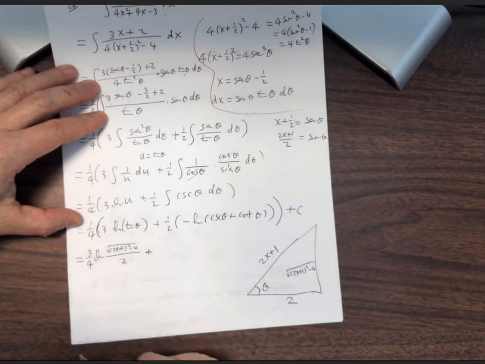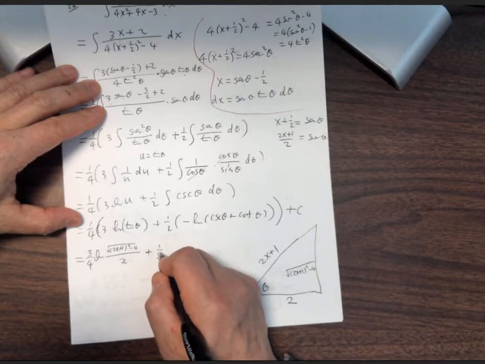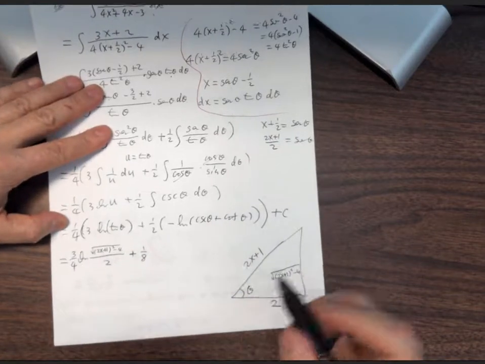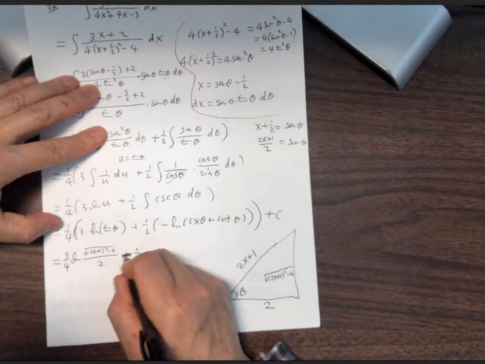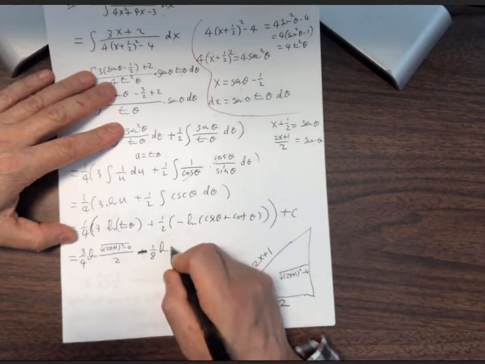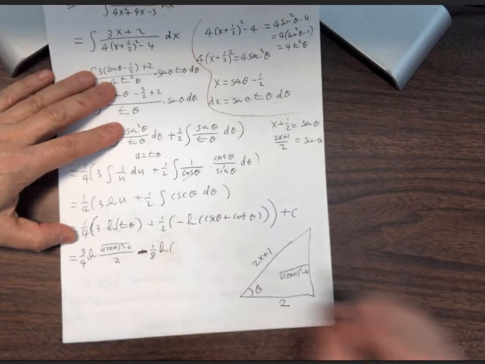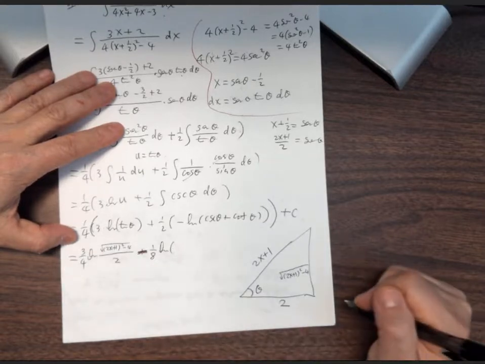The second term, 1/4 multiplied through, so it's 1/8. And there's a negative sign. Yeah, let's put the negative in the front. So log inside cosecant. Well, what's cosecant? Cosecant is 1 over sine. So let's figure out sine first.